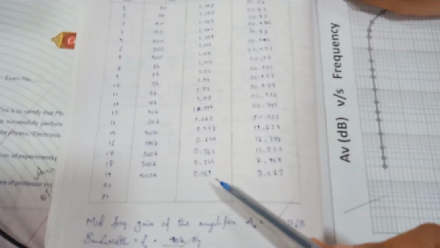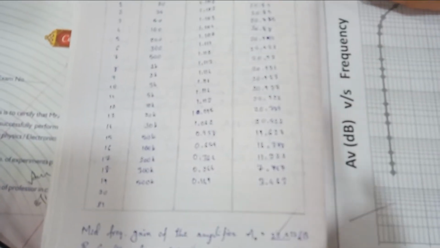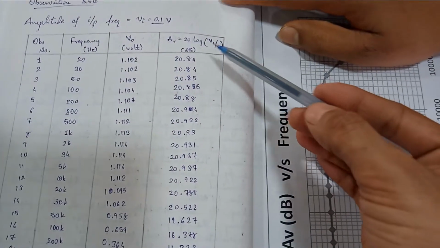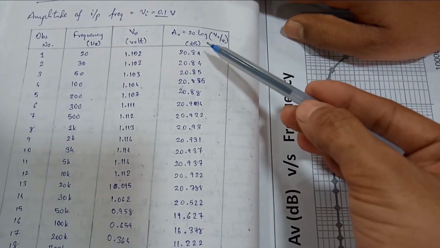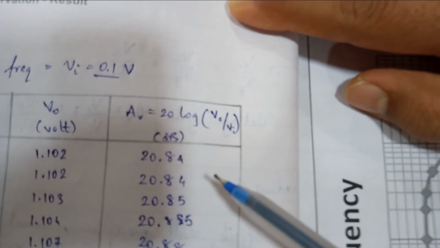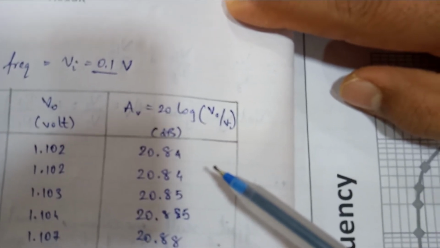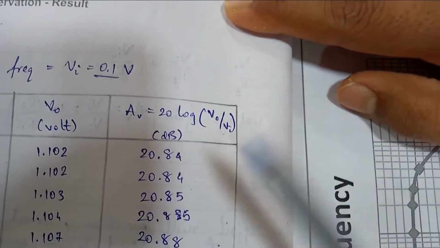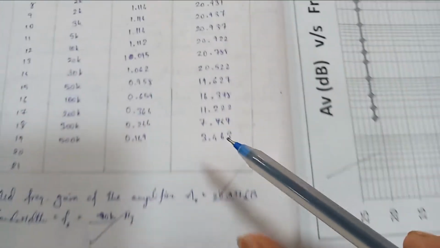Noting down this output voltage will enable you to find out this AV, that is voltage gain in dB, decibel. This is the formula: 20 log V0 by Vi. That you can find out over here.